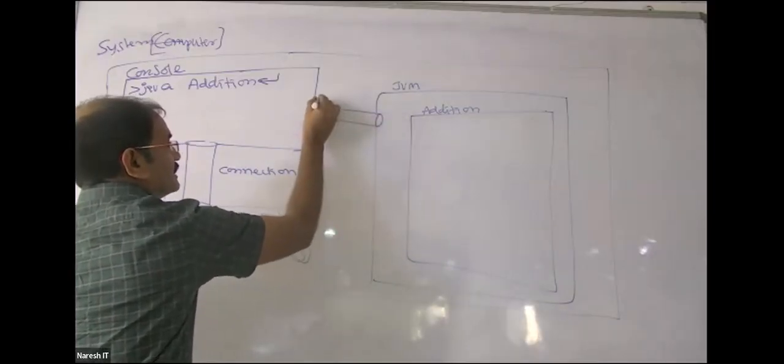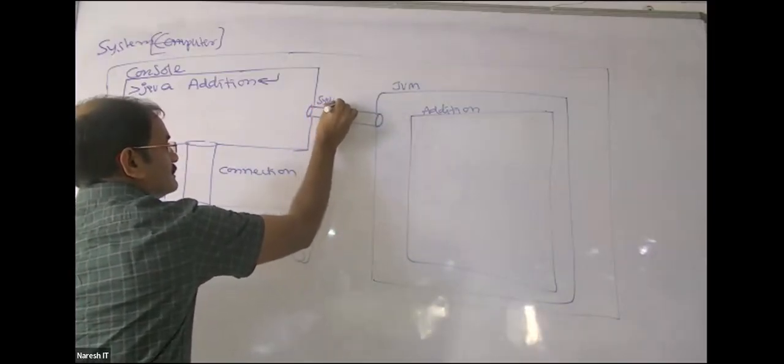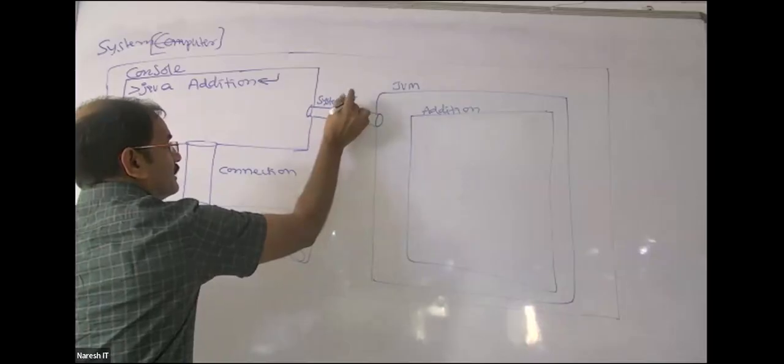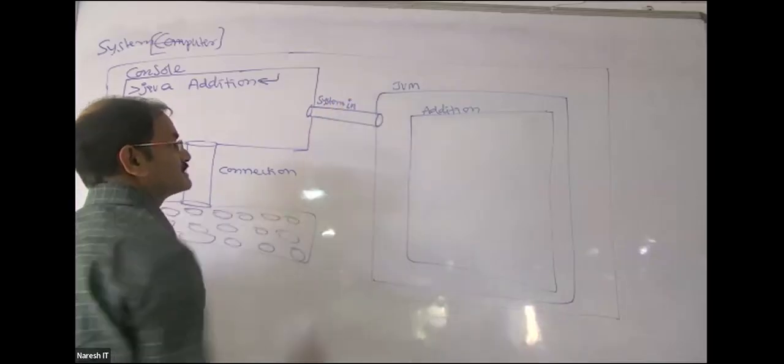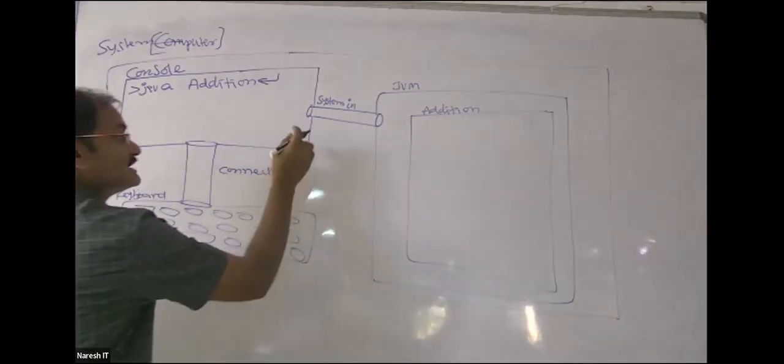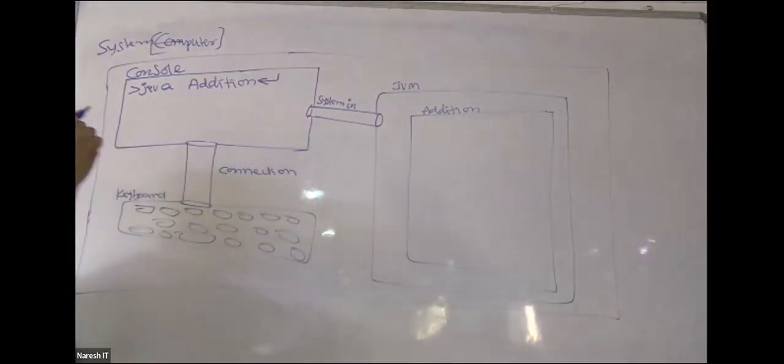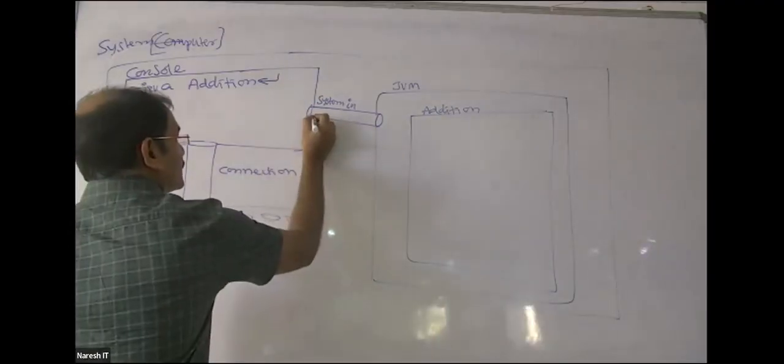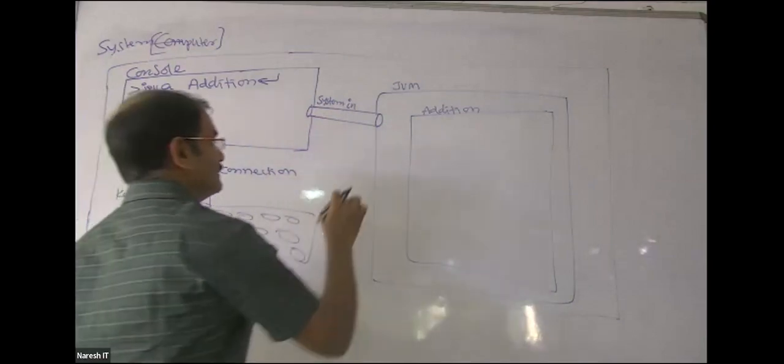First one is System.in. Second one, System.out. Third, System.err. Internally, totally 3 connections are available.